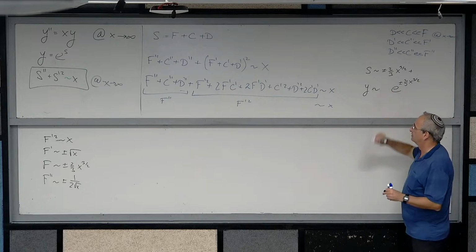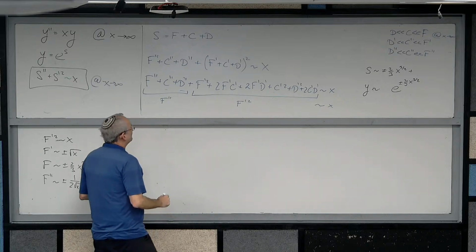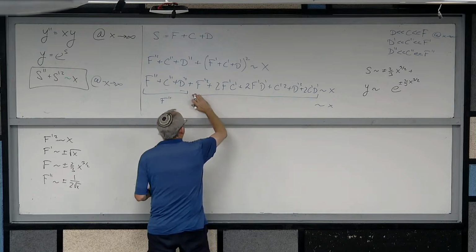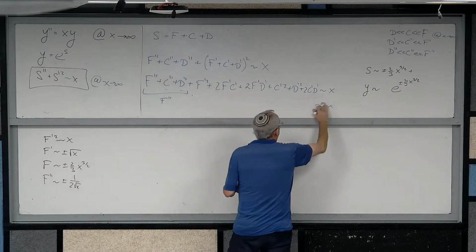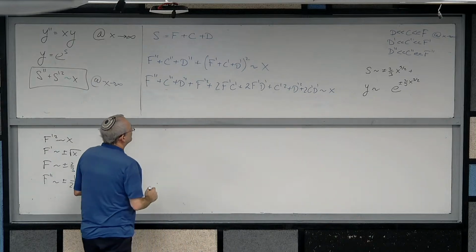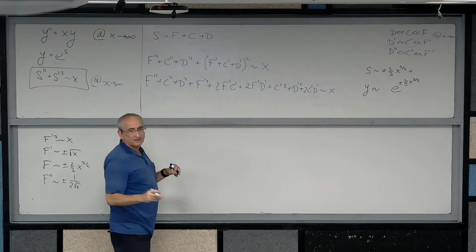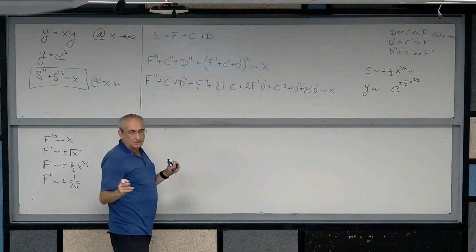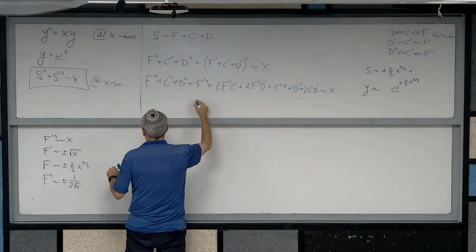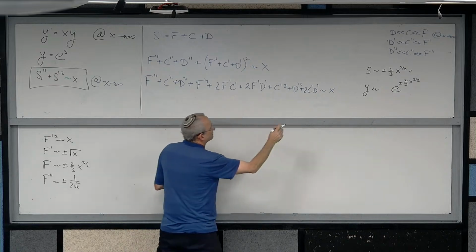Okay? Good. Next step. From this equation, I would like to keep all the terms that are, what will be the next order? So I have this f prime squared, which is, what is f prime squared? S. Yes.